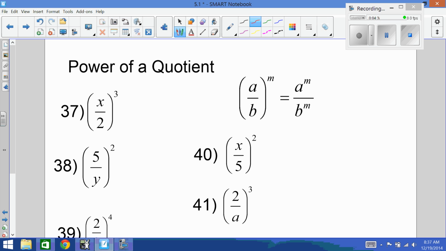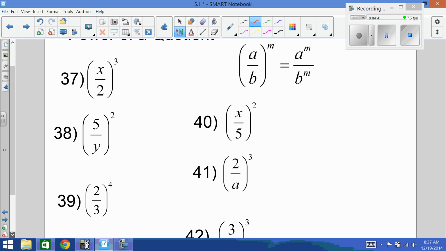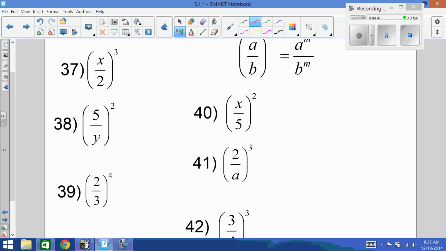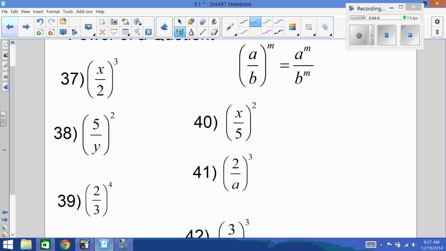All right, so now it leads us to the quotient, or power of a quotient. It's just very similar to the one we did with multiplication. If inside the parentheses, all right, I have a fraction, and on the outside is raised to a power, that means I can take each of these bases to the exact same power.